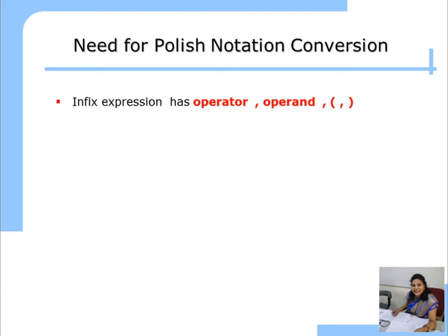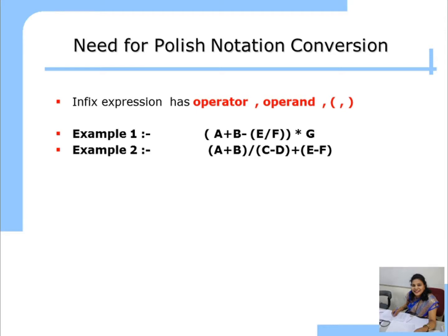An infix expression has four things: operators, operands, opening parenthesis and closing parenthesis. See, here are two examples. In example 1, the expression is: into bracket a plus b minus, again one bracket, e divided by f, two brackets closed, into g. And in example 2: a plus b divided by c minus d plus a e minus f.